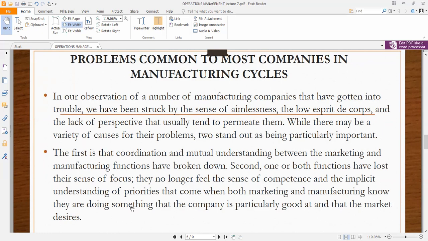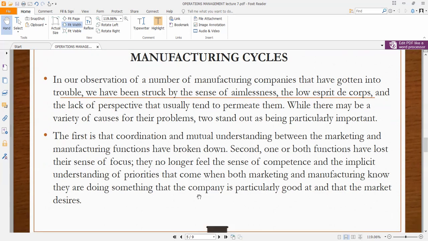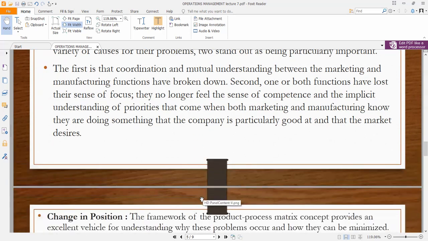Second, one or both functions have lost their sense of focus. They no longer feel the sense of competence and the implicit understanding of priority that comes when both marketing and manufacturing know they are doing something the company is good at. Now, that is the second problem. People have lost focus in terms of their competences, in terms of what job is supposed to be done by what profession.